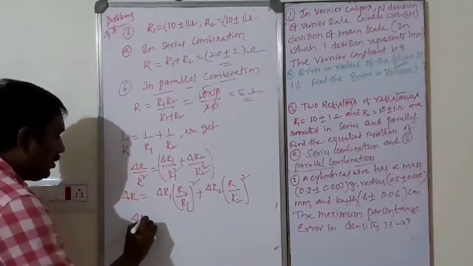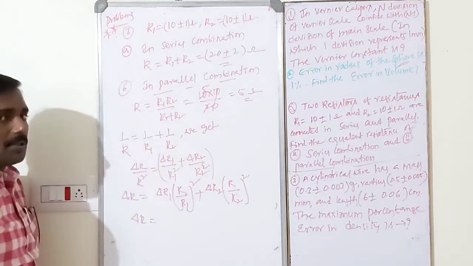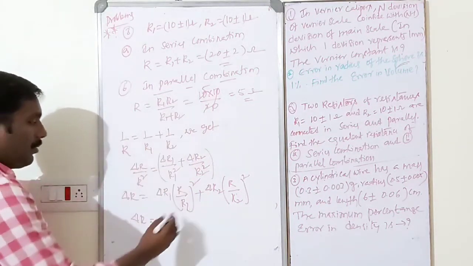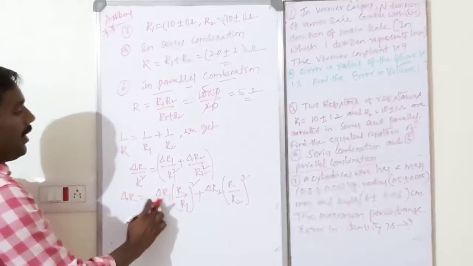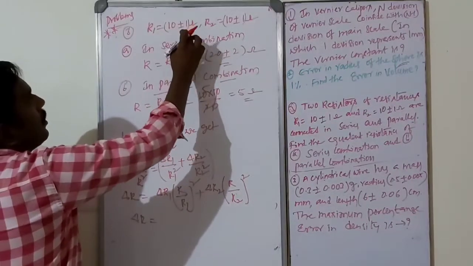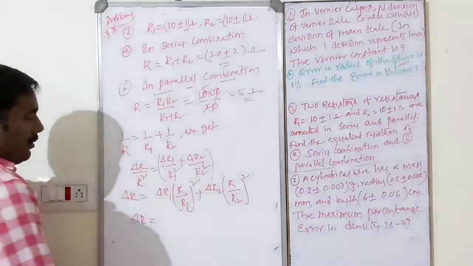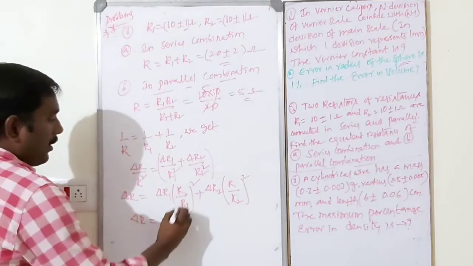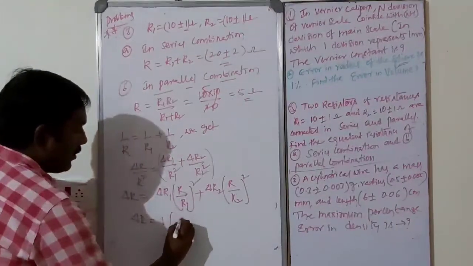Okay, so delta R is the error in the effective resistance in parallel combination. Then delta R1 is what? Delta R1 is 1, this is the error. And what is the value of R? 5.